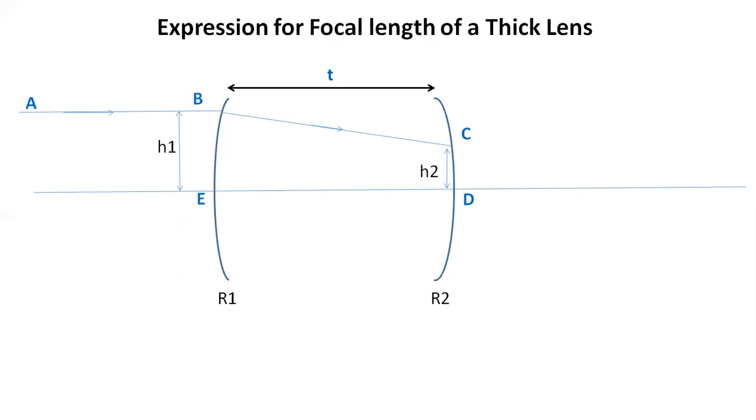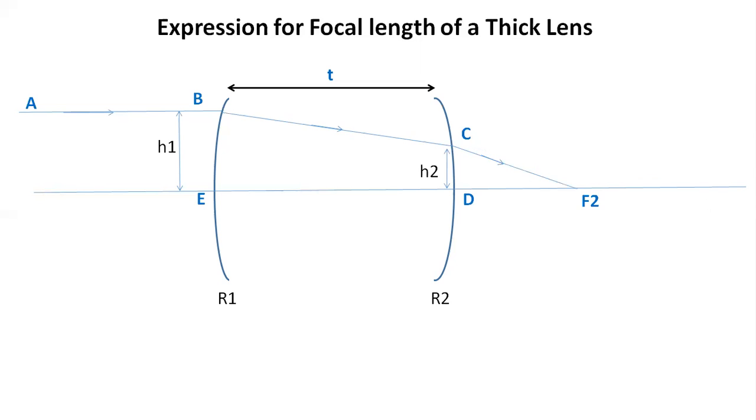After refraction from the second spherical surface, it meets the principal axis at F2. Suppose in the absence of the second spherical surface, the light ray BC travels without any deviation and it reaches the principal axis at point I.